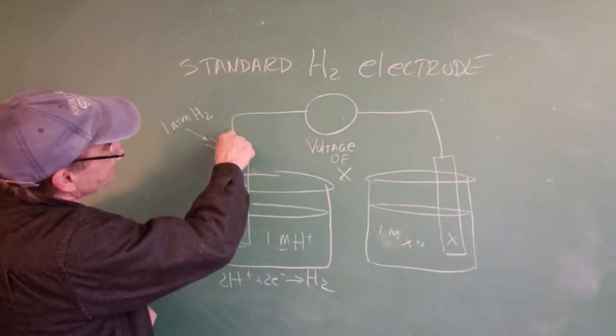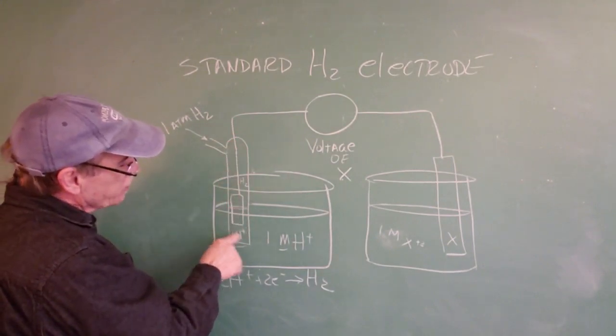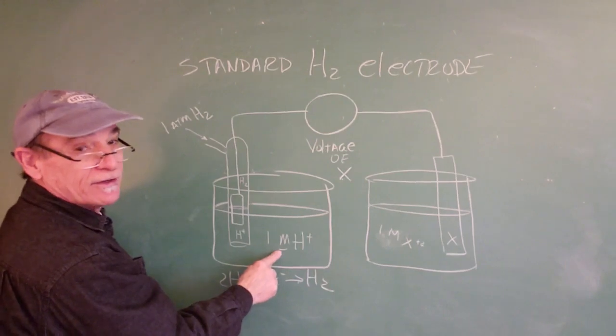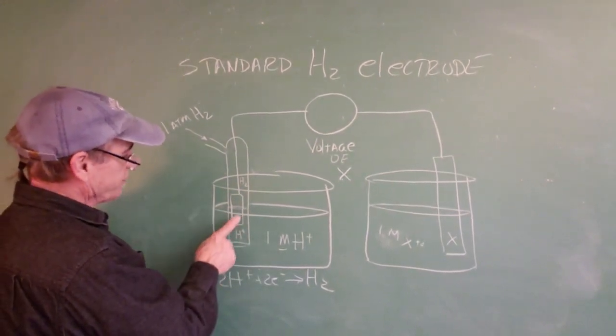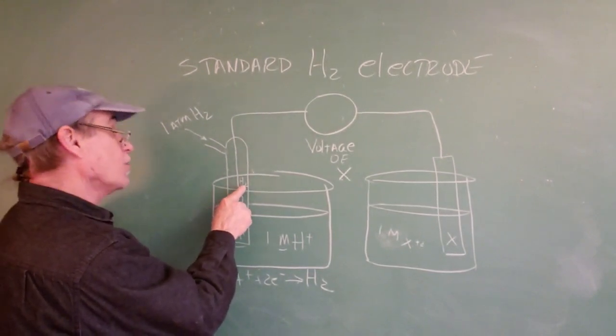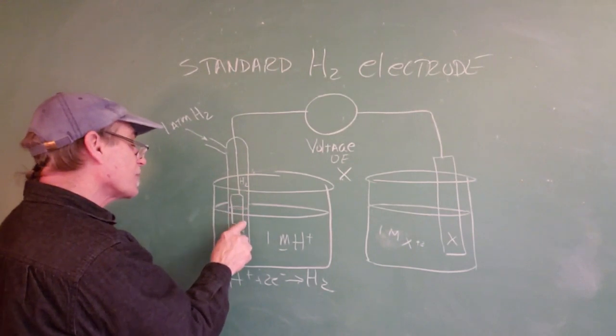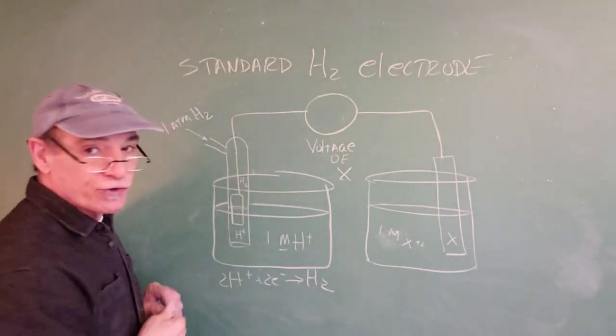They put a sealed platinum electrode in there that dips down into the liquid that contains hydrogen ions. So right here at this interface, you could have hydrogen ions picking up electrons to become hydrogen gas, or vice versa, you could have hydrogen gas giving up 2 electrons and becoming hydrogen ions and forcing those electrons through the circuit.